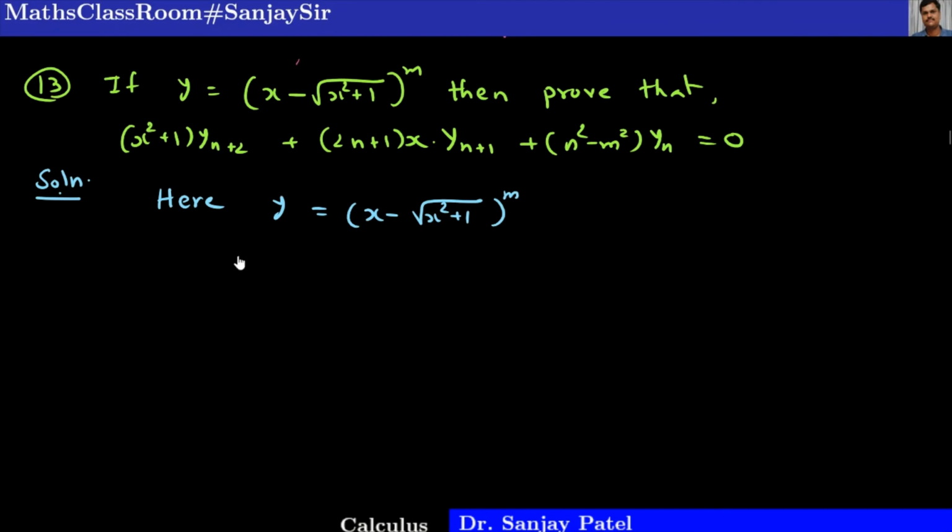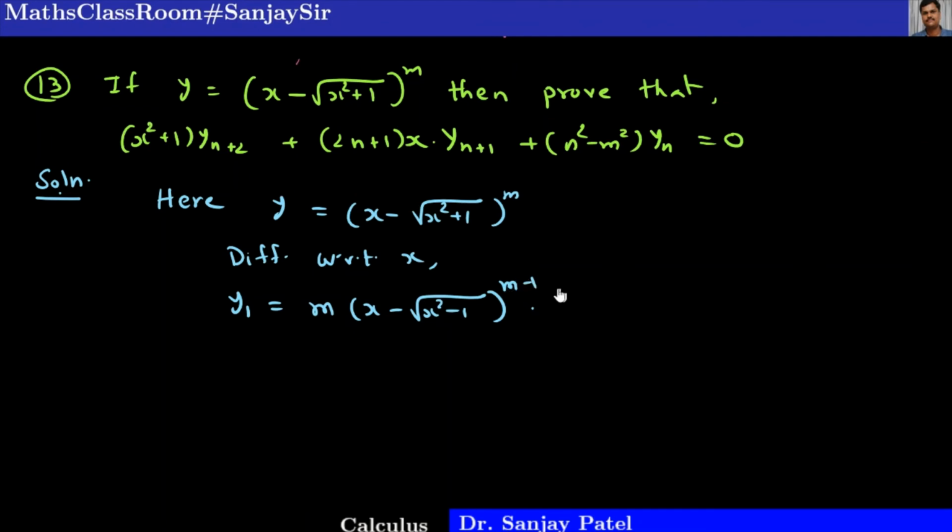And we'll get the same type of equation as in problem number 9. So differentiating with respect to x, we get y1 is equal to m into (x minus square root of x square plus 1) raised to m minus 1. X raised to n derivative is n times x raised to n minus 1.